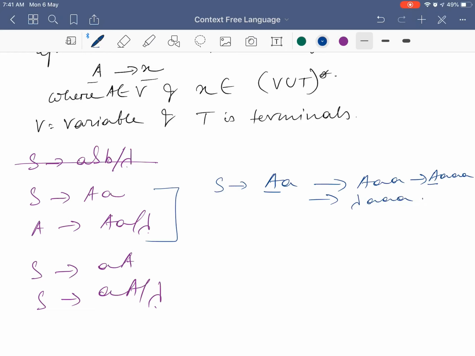So for one replacement I am getting a single A, next replacement 2A, then 3A, then 4A. In this way it is expanding. So as a whole, can I write it as L(G) equal to A^n, n greater than or equal to 0, for this production. Similarly, for this production also, if you check, you will find the same thing.